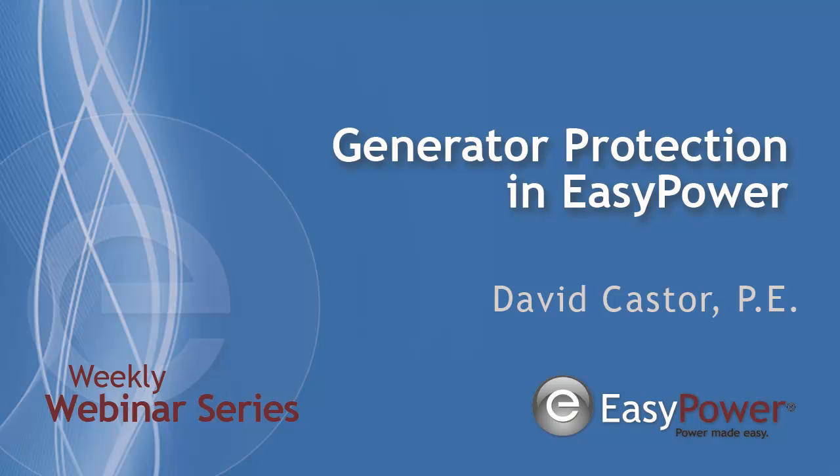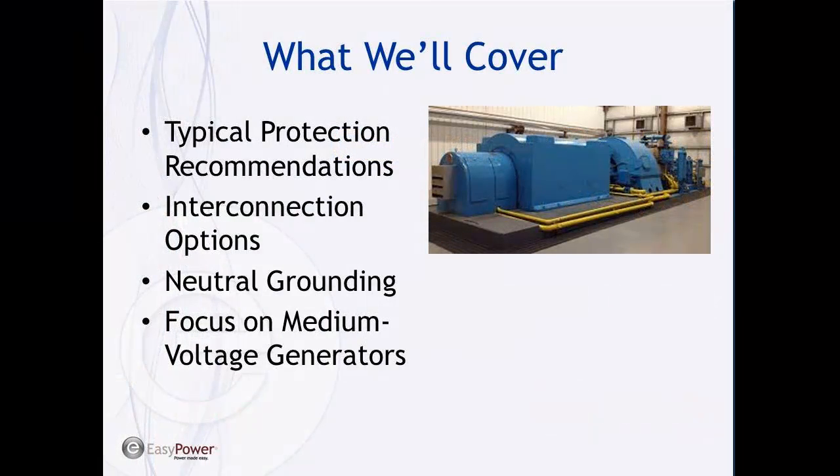So our topic today is just going to be to cover some of the basics of generator protection, and we're going to focus primarily on medium voltage generators and what the typical protection recommendations are, and how that to some extent depends on your interconnection and also on how the system is grounded.